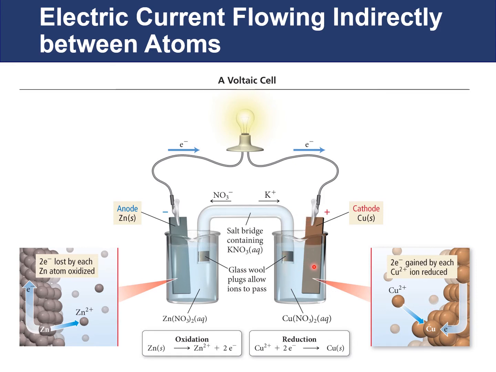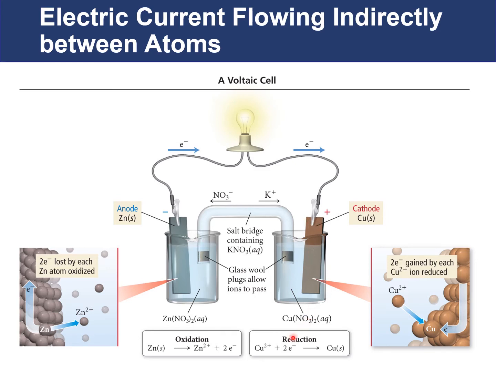Now, I keep saying that in this particular case the copper is getting plated on, but it doesn't have to. In some instances, you can have inert electrodes. Often, a very commonly used one is either platinum or graphite that doesn't actively participate in the reaction. Those electrodes are just used to shuttle electrons from one side to another.